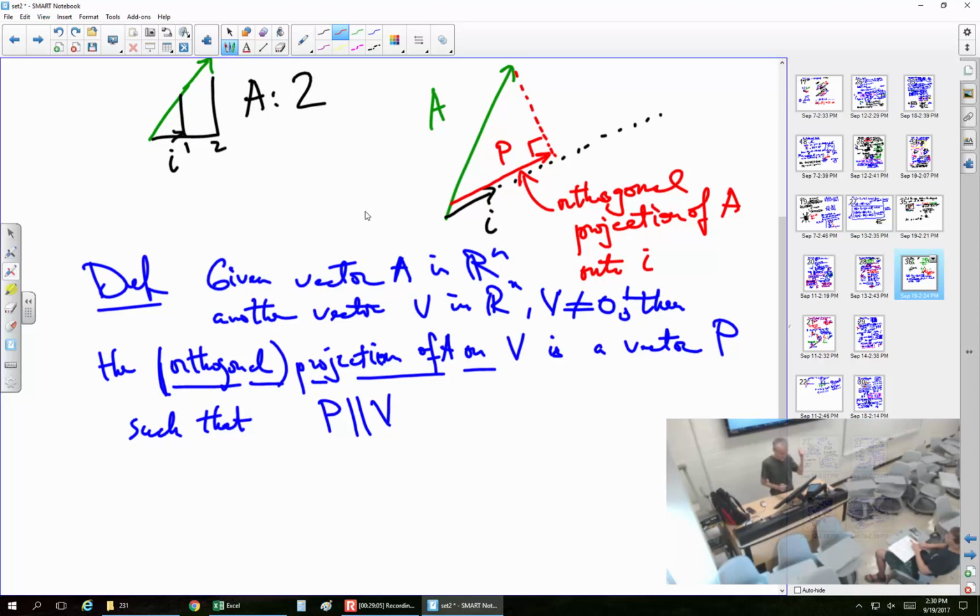Okay, so what should we say about that? That's property number 1. What's property number 2 about the orthogonality there? How do we express that in terms of vectors? P dot A is 0 vector, or is 0? No, before we get to orthogonality, let's say P is orthogonal to something.